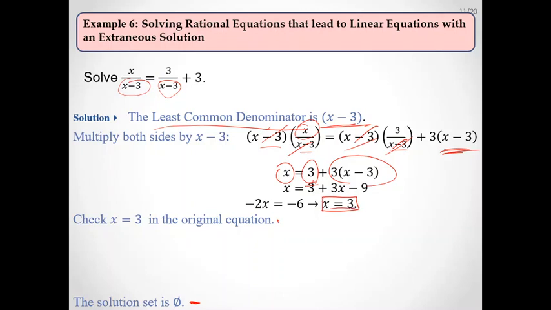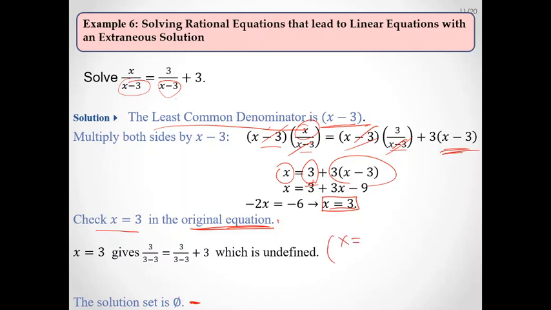x equal to 3, and then we check it in the original equation. We see this is undefined. What I mean is, this x equal to 3 makes x minus 3, the denominator, zero.